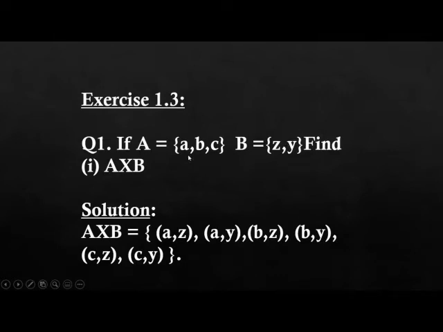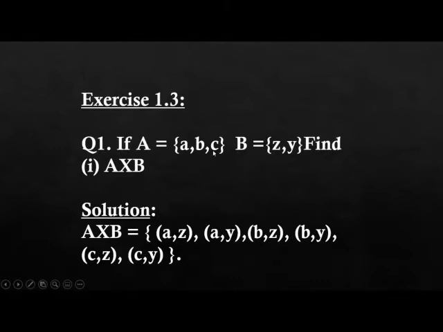So all ordered pairs can be in a manner that it would be (a, z), (a, y). No other ordered pair can be made with a as the first element because it has paired up with all the elements in B. Then the next would be (b, z) and (b, y), then (c, z) and (c, y). So these are all the ordered pairs which can be made with the help of these sets.